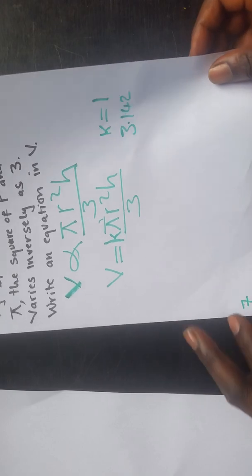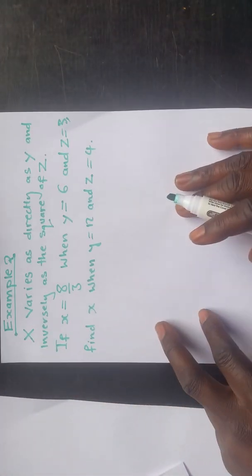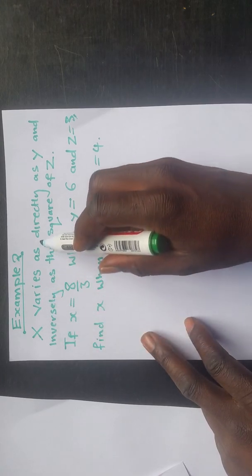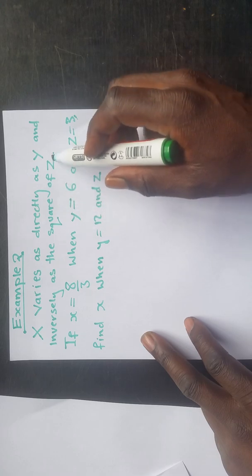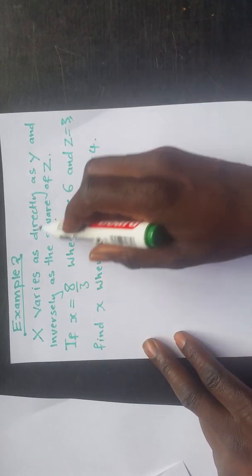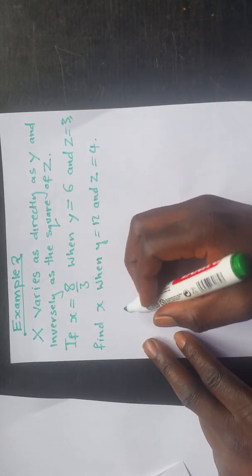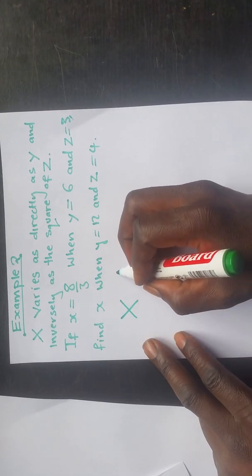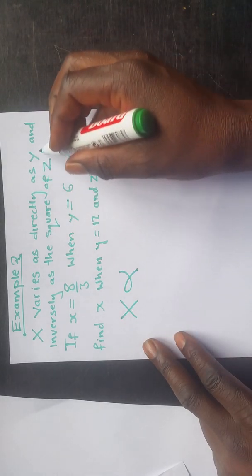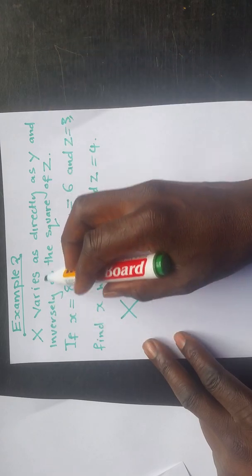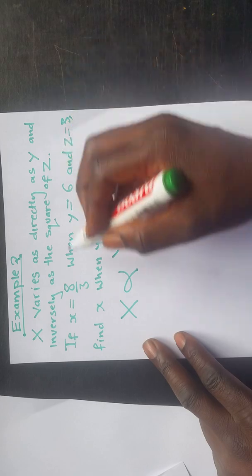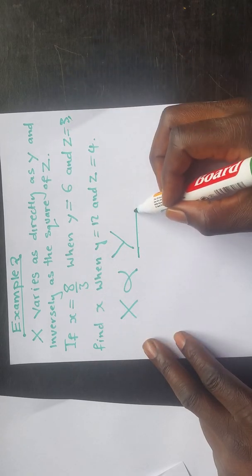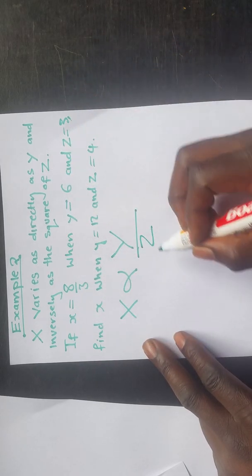All right, so let's look at an example. We have x varies directly as y and inversely as z. So let's write a variation sign already on that one. x varies directly as y, and inversely, so over z, like this.